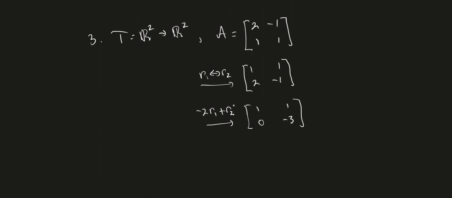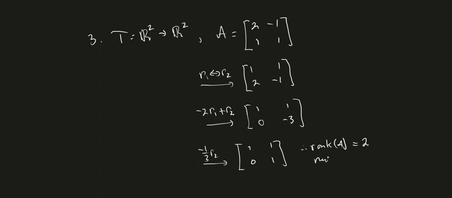And then if I do negative 1/3 times row 2, I can see that I have my pivot, right? So 1, 1, 0, 1, right? So this tells me now that the rank of A is equal to 2.